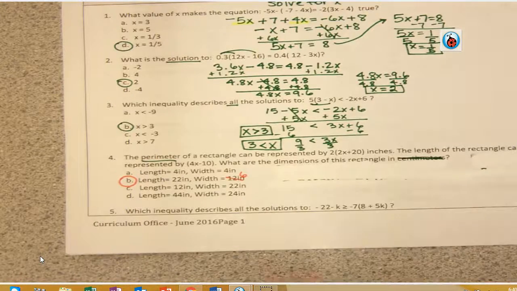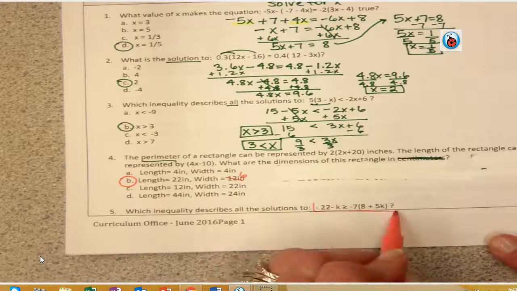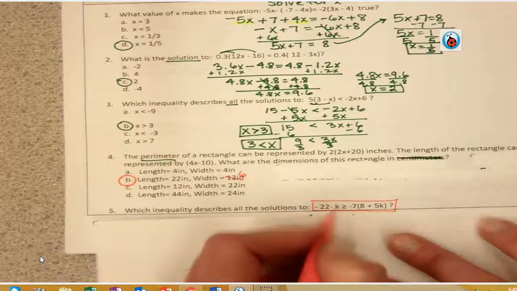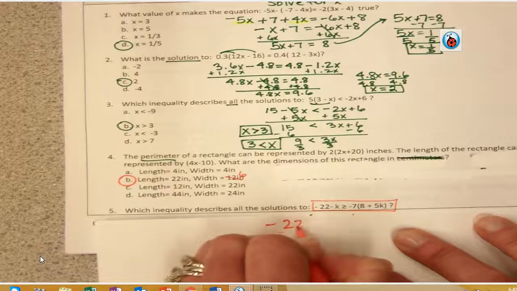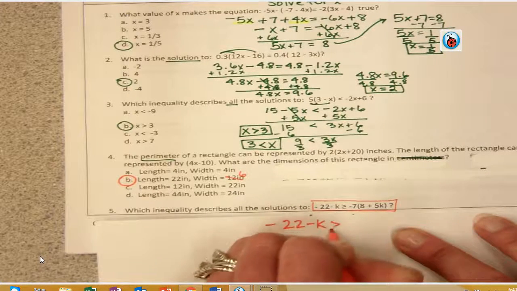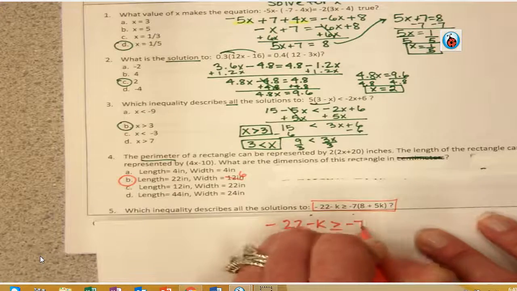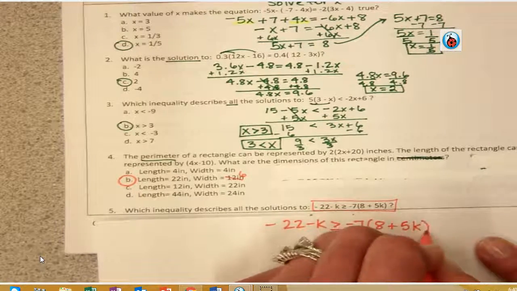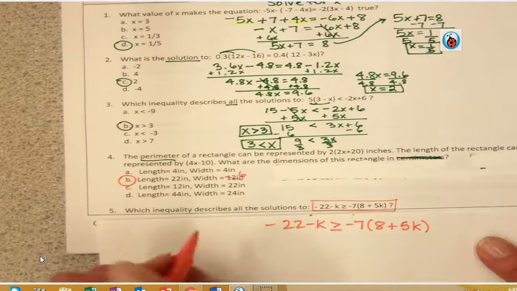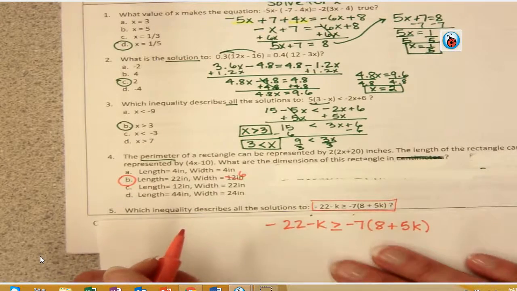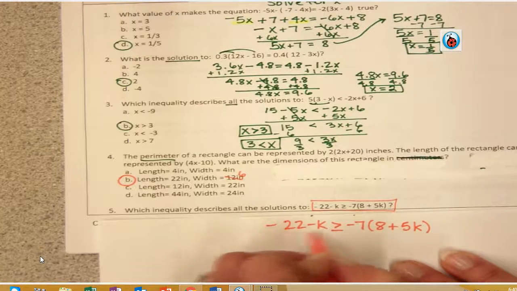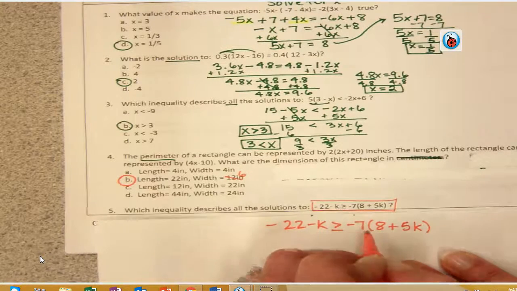Which inequality describes all the solutions to negative 22 minus k greater than or equal to negative 7 times 8 plus 5k? Basically, all that's asking me is to solve for k. On this side, there's nothing else I can do.